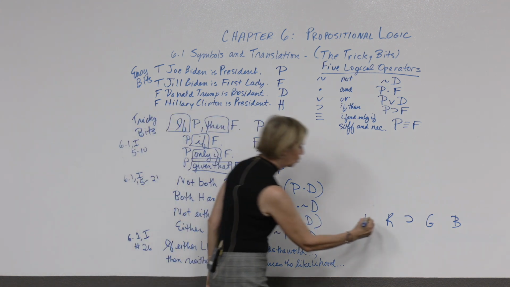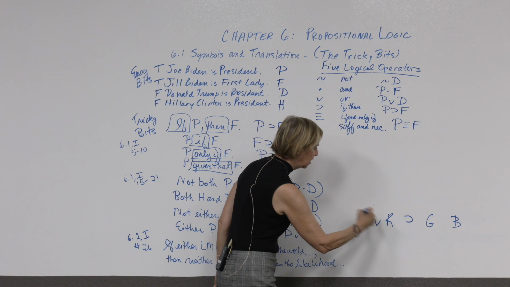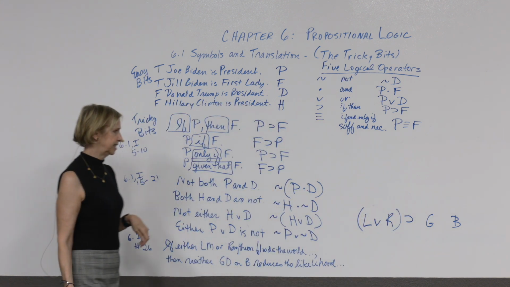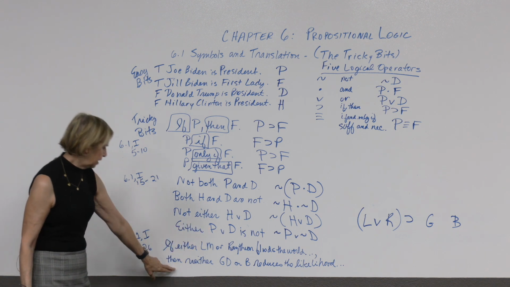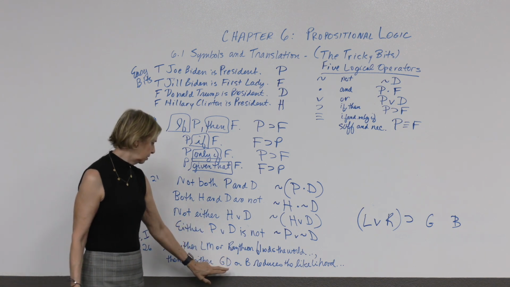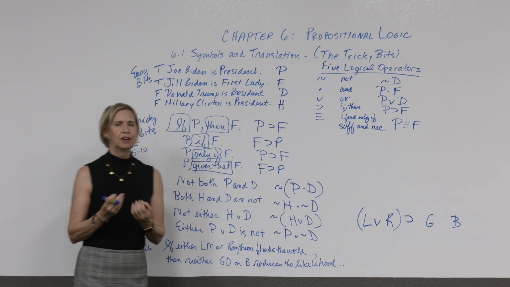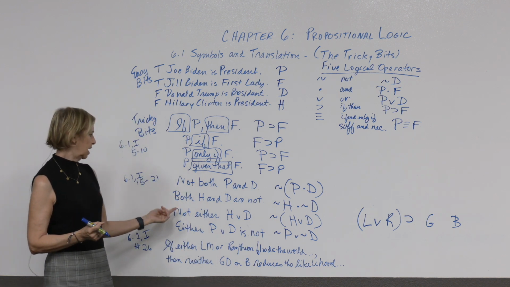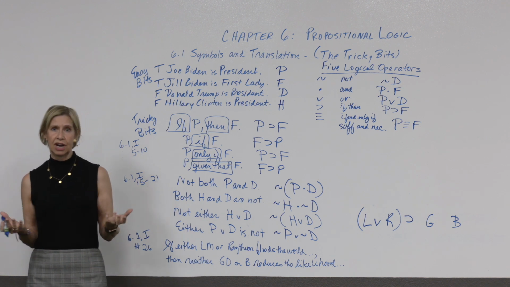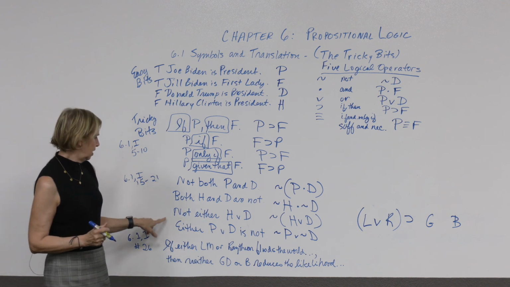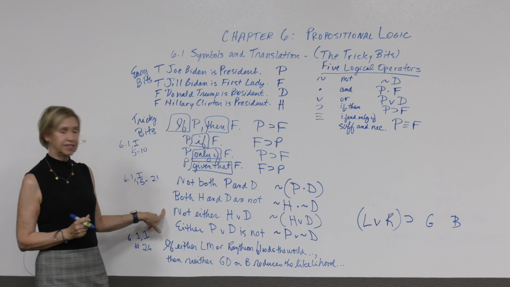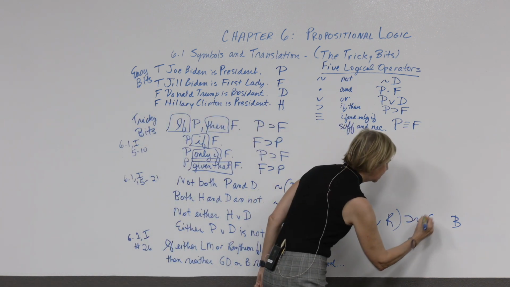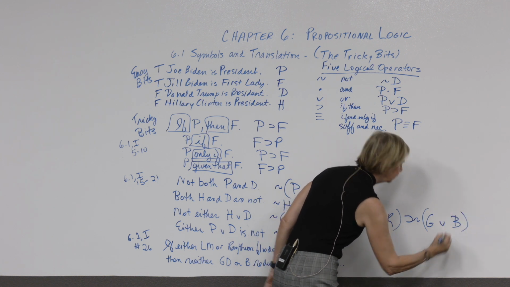So we're going to need L wedge R. And that's the entire antecedent, or if, part of the statement. Then neither General Dynamics or Boeing. Now, neither is just a contraction for the logical not either. So we would need this symbolization. So neither General Dynamics, so it's going to be not either or.